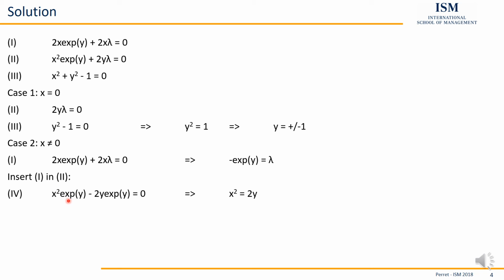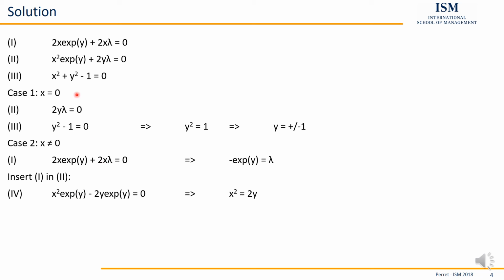So what can I do here? I see the first term has an exponential function. The second term has an exponential function. So I can divide the whole equation by exp of y. First, the question: are we actually allowed to do this?